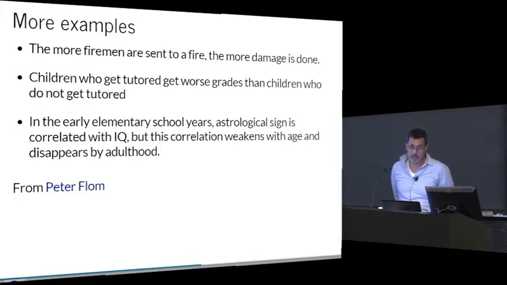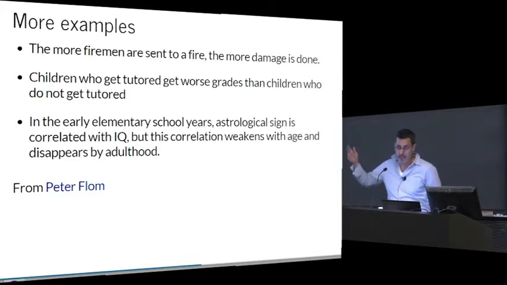So do we stop sending firemen to fires? Obviously not. So this is another type of error, which is confusing cause and effect. I guess you could say they're both confounded with big fires. Big fire does more damage and brings more firemen.